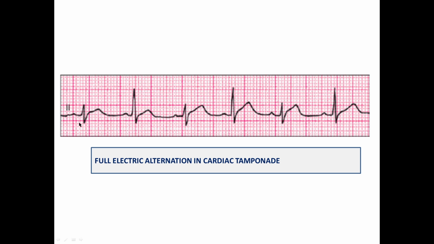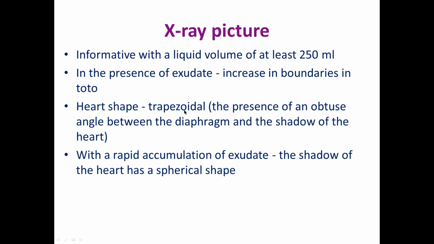At one time we have low voltage, and at another time it is shifted to a big R wave. X-ray picture is informative when liquid volume is at least 250 milliliters, in the presence of exudate, with increase in boundaries in total.